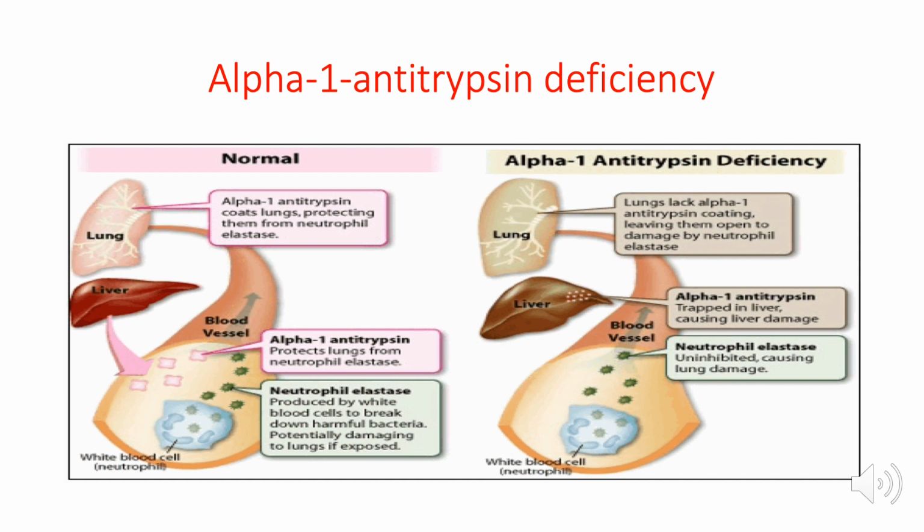So I want you now to refer to the photo on the right side of the screen. In the absence of alpha-1 antitrypsin, the elastase enzyme is free to cause tissue destruction. So, people who are born with deficiency of alpha-1 antitrypsin will most likely have organ damages brought about by the elastase enzyme.